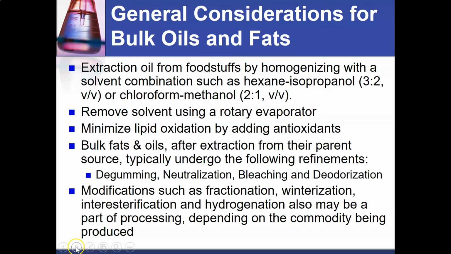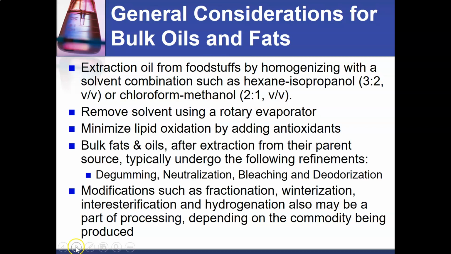So normally after we extract, we will treat or refine the oil or the lipid, maybe through several processes, such as degumming to get rid of the gum, neutralization to neutralize the oil, bleaching to get a nicer color, deodorization to get rid of the not so nice odor.